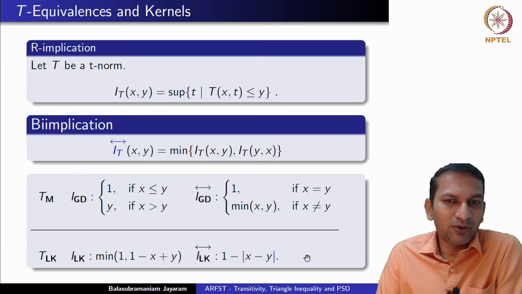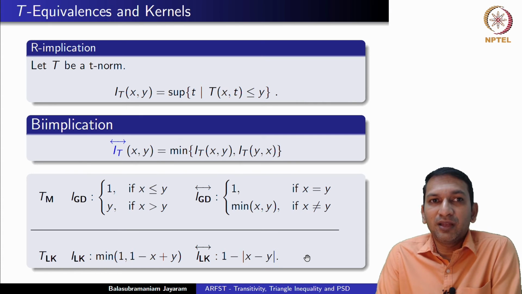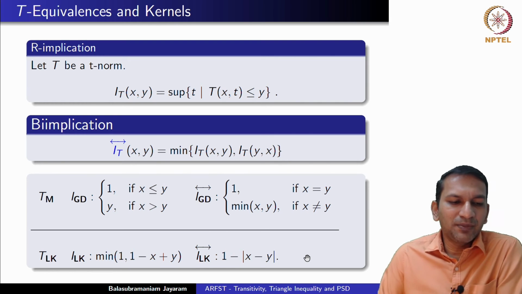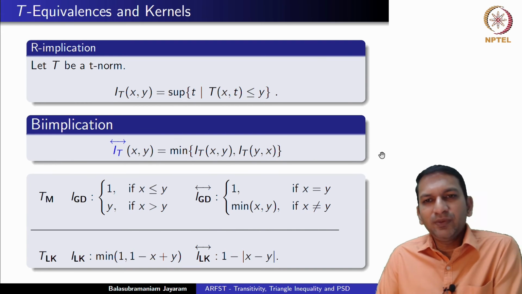Perhaps this rings a bell already because in the previous lecture we have seen this function also to be an equivalence relation, in fact a TLK equivalence relation. But be that as it may, presently we will just look at them as examples for biimplications. Now why did we introduce these?